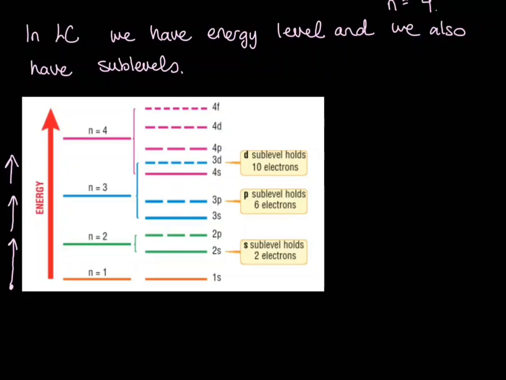But you see now, hopefully on this side, these are our sublevels. Okay? So the very first one, n equals 1, has one sublevel. N equals 2 has 2 sublevels.